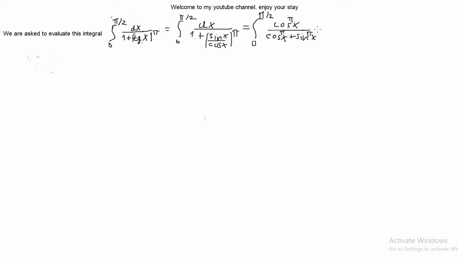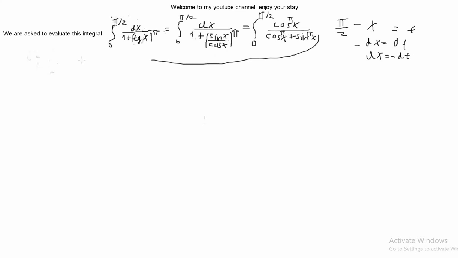So we can use a substitution: pi over 2 minus x equals t. Then negative dx equals dt, so dx equals negative dt.